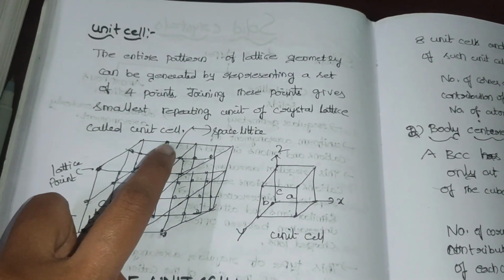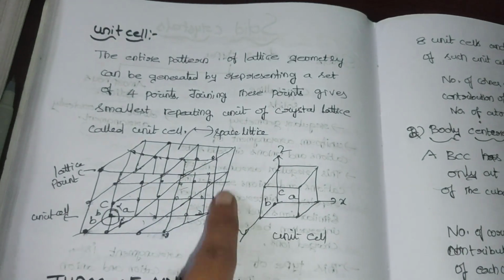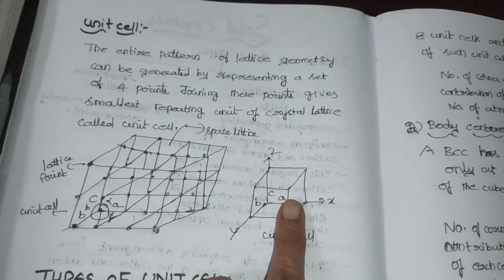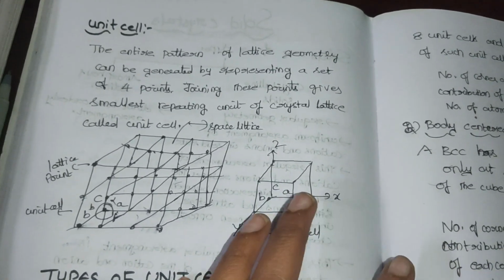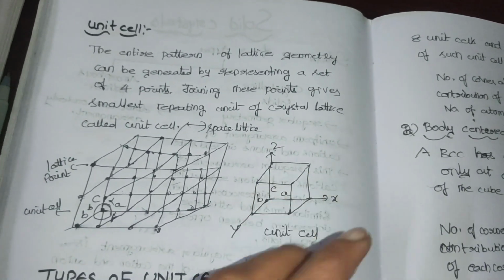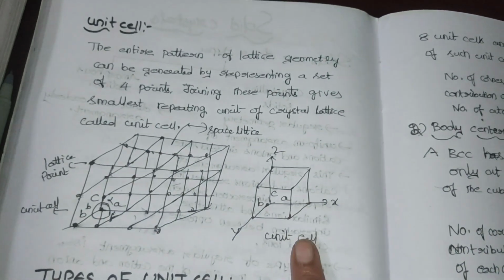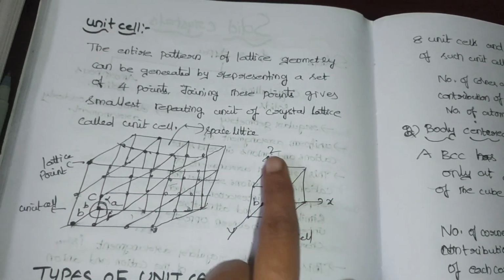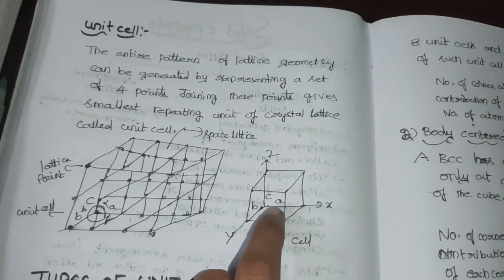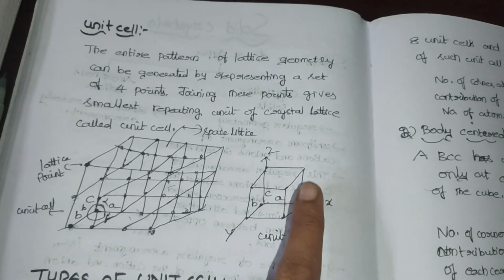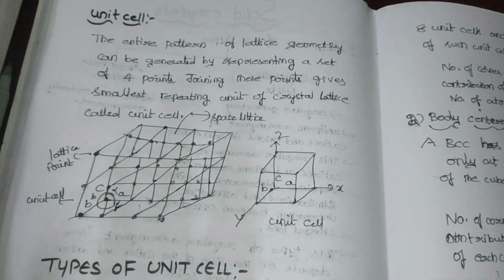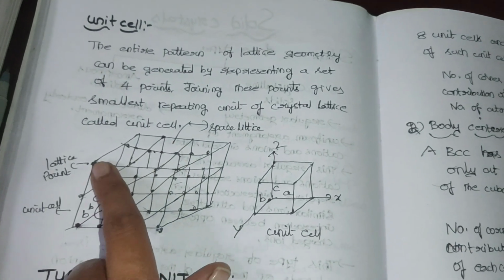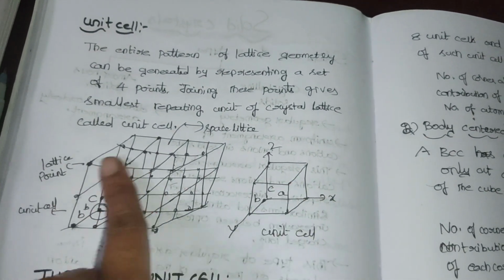This unit cell repeats itself to form the crystal lattice structure. It will also have 3 dimensions, x, y, z, and also 3 sides a, b, c and 3 angles alpha, beta and gamma. So here we can see the space lattice. This is a lattice point. This is a unit cell.